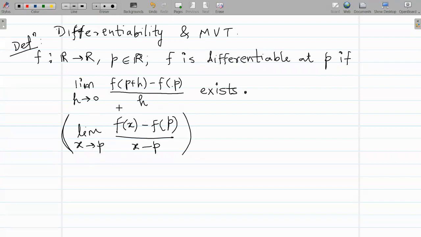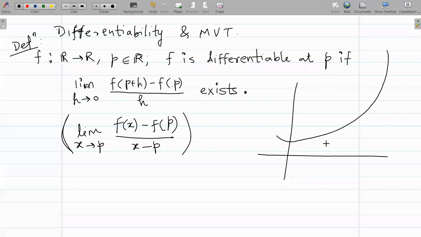What this ratio represents geometrically is this: if I look at any function, I can draw a function like this, and I'm interested in the slope of the tangent at a specific point. What we do is look at p and maybe p plus h.